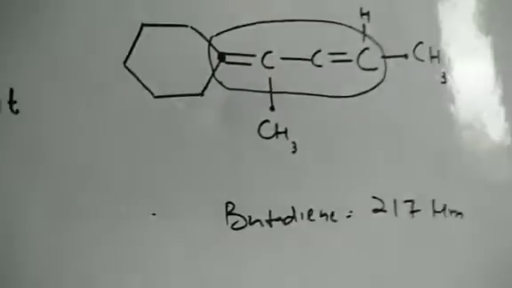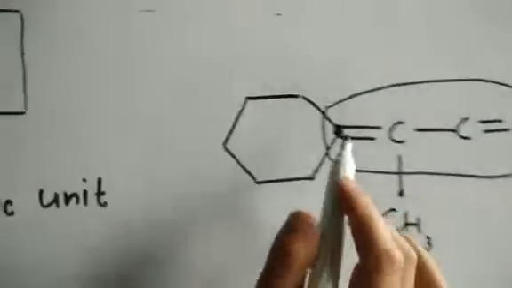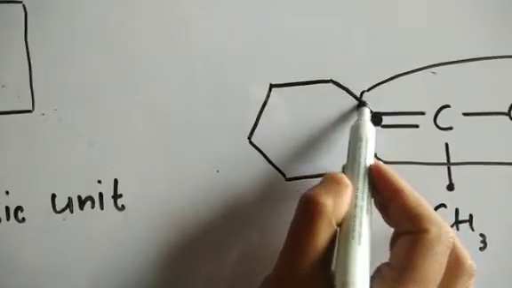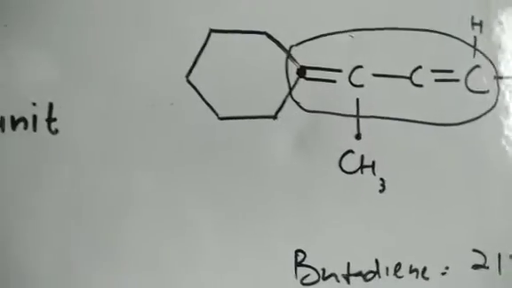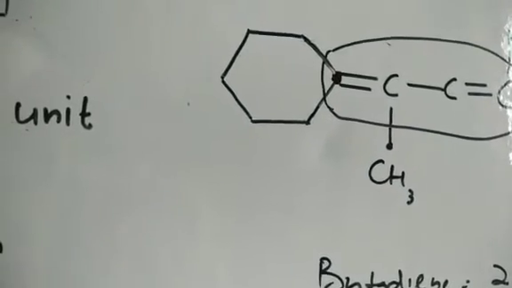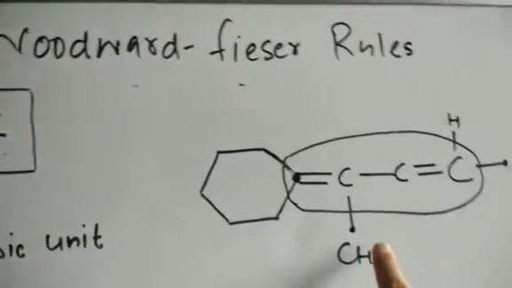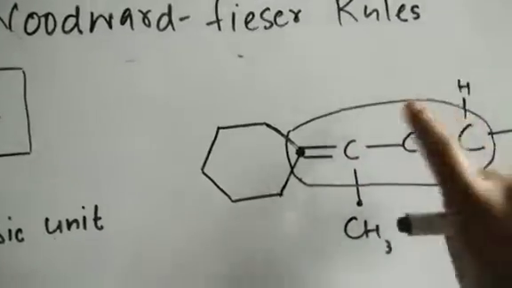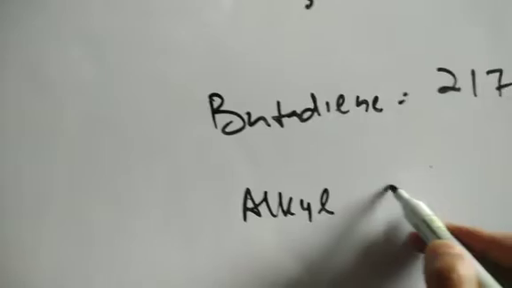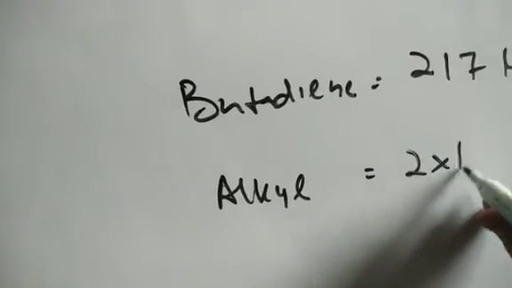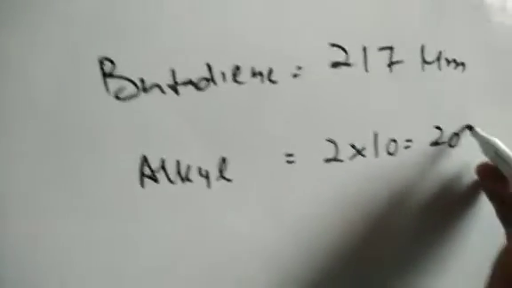Now if you look at this ring, first we look at alkyl substituents. How many alkyl substituents are present? This is one alkyl substituent, and now two alkyl substituents. So the contribution of alkyl substituents is 2 into 10, that is 20 micrometer.